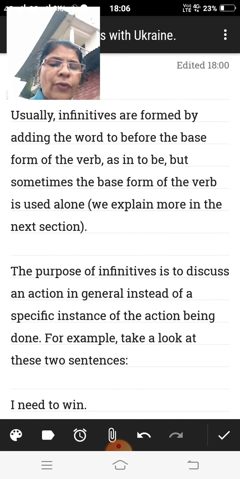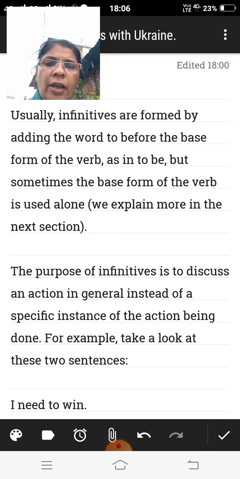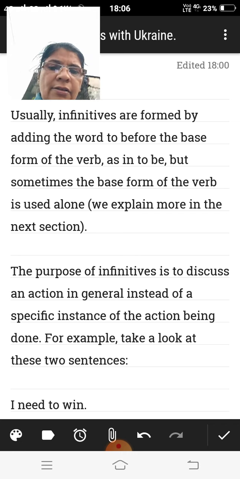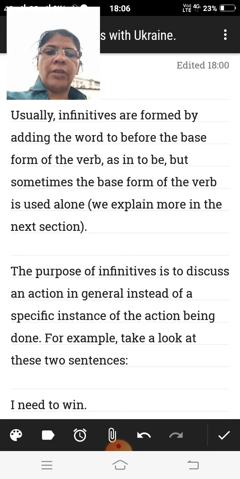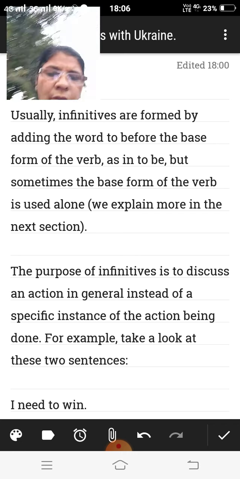The purpose of infinitives is to discuss an action in general instead of a specific instance of the action being done. For example, take a look at these two sentences.